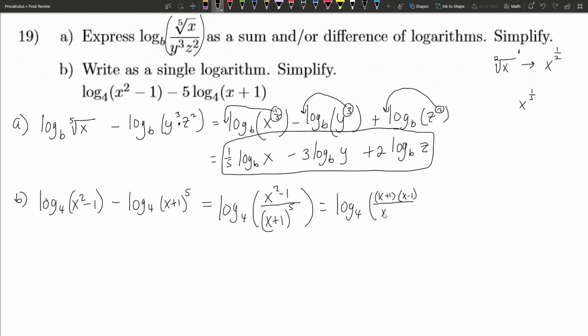So I'm just going to write it like this: x plus 1 times x plus 1 to the 4th power, right? Why didn't I just write them out 4 times? Well, because the only thing I really want to do is cancel those out. So you remain with log base 4 of x minus 1 over x plus 1 to the 4th. And I don't think we could do anything else with that, so we'll leave it just like that.